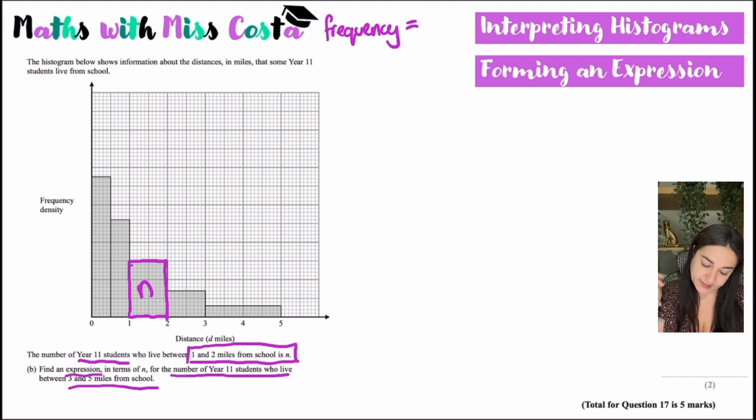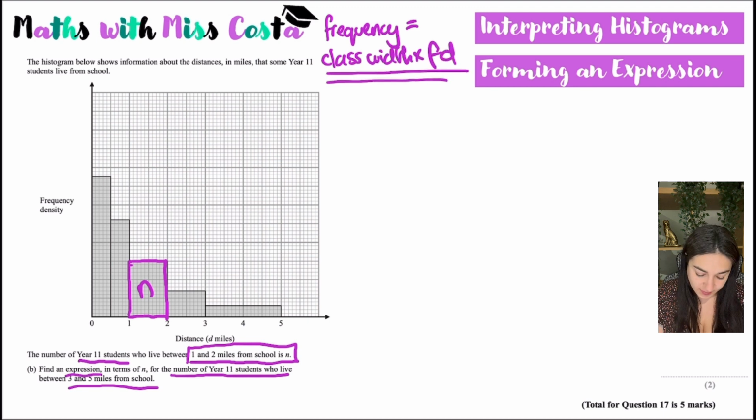And remember, frequency is going to be your class width times by the frequency density. So therefore, n times by 1 gives me n.